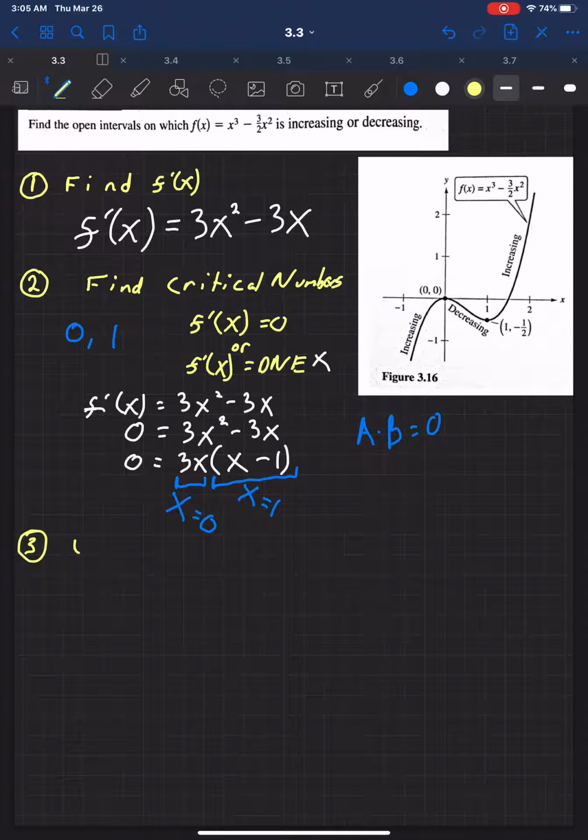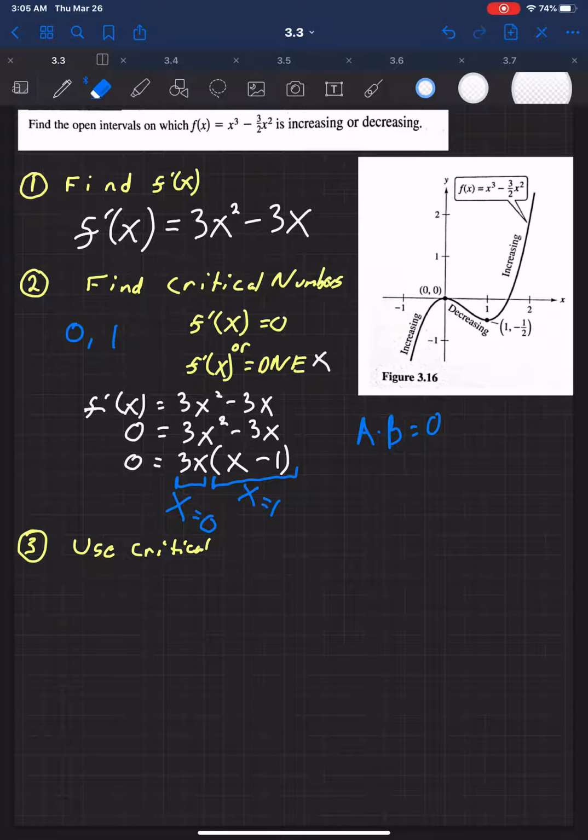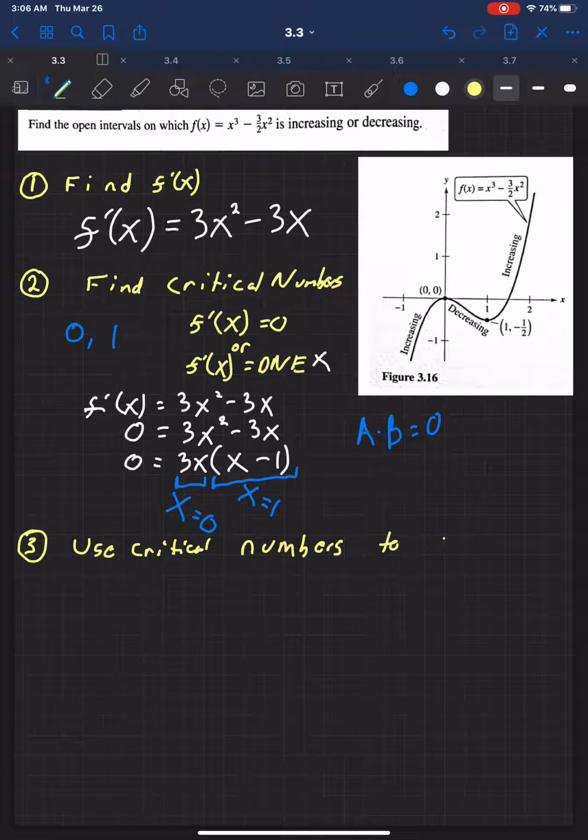So we're going to use the critical numbers to subdivide the number line. All right, now what do I mean by subdivide the number line?